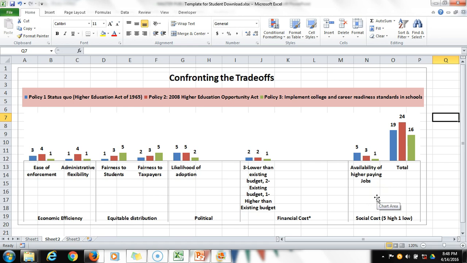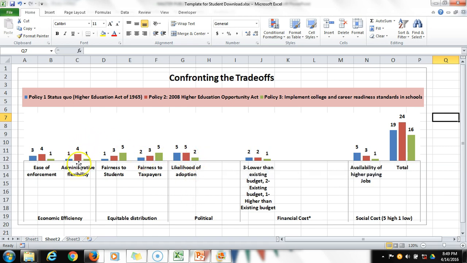Given the context of this group of students who are most affected, the lowest income, historically marginalized students, if we value social costs, policy 2 and 3 are the most desirable, and we're willing to spend more money, and we're willing to go to a stronger political battle for those.